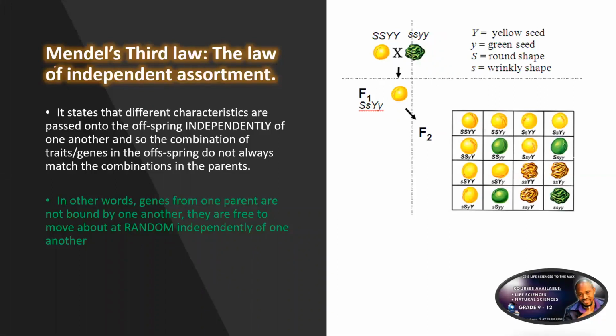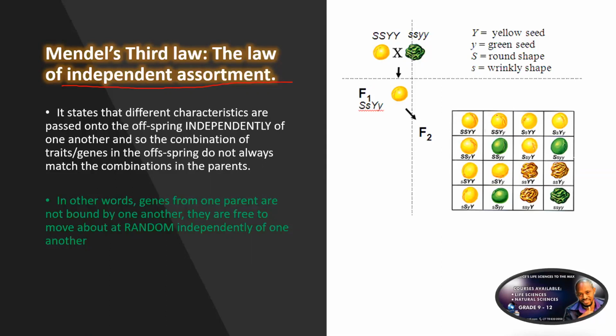Mendel's third law, the law of independent assortment. Mendel went on to do other experiments which involved the observation of the pattern of inheritance of not only one trait. We've been dealing, for example, with just one trait, that was height. This time Mendel observed two traits at the same time.